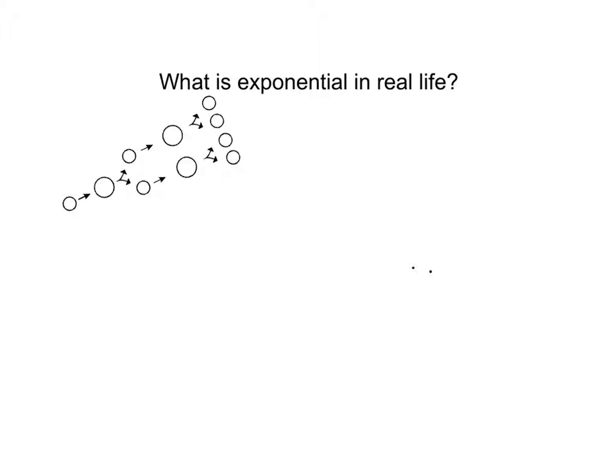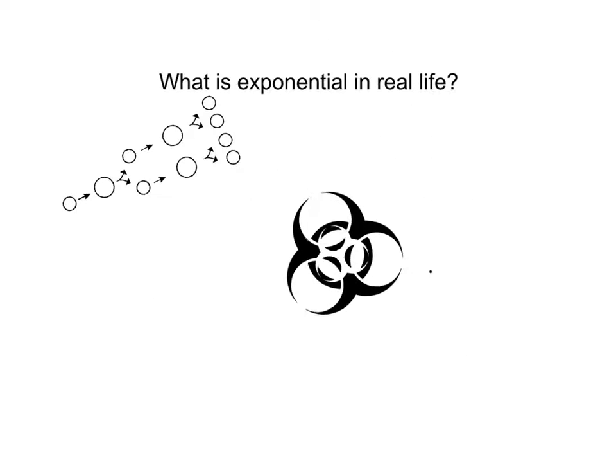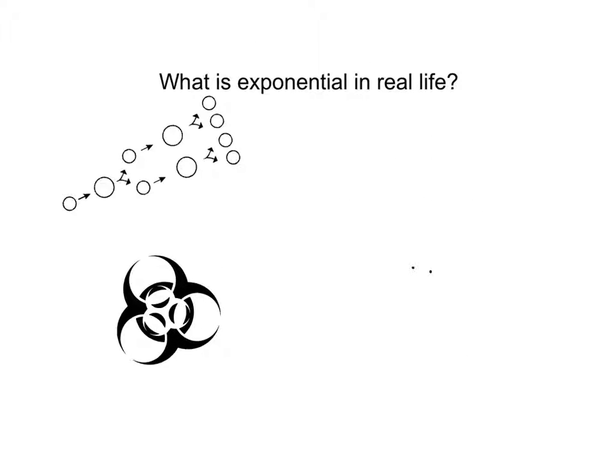As we move on, there are a couple of other things that we can go ahead and add to the possibilities. The next one is disease. When you think about disease or biohazards, a lot of diseases such as the flu are actually exponential growth because one source can inflict multiple infections on other people.